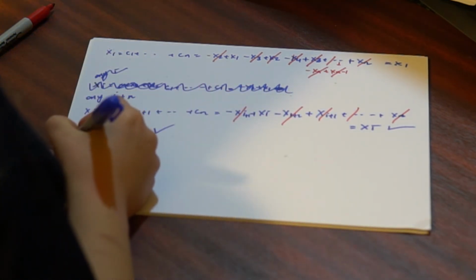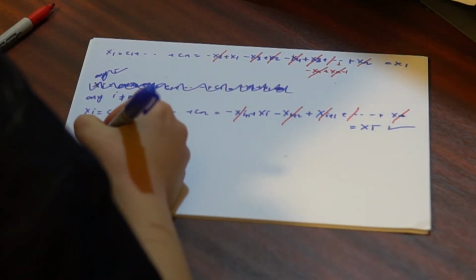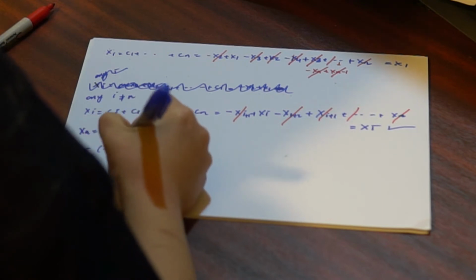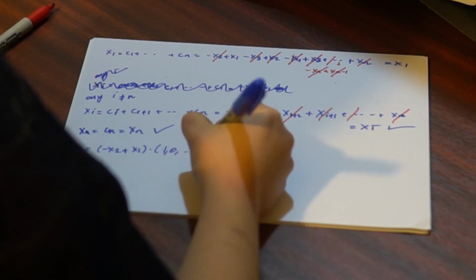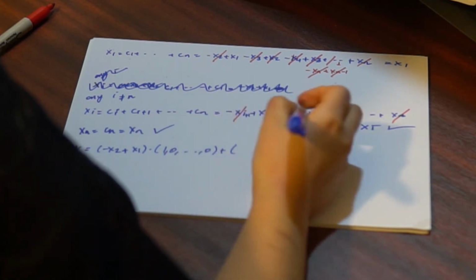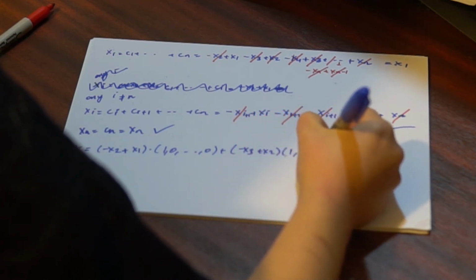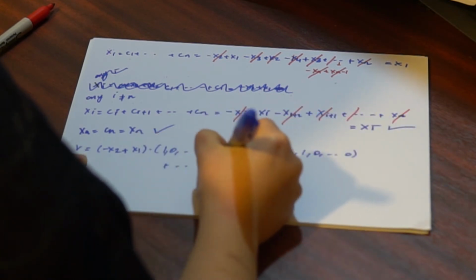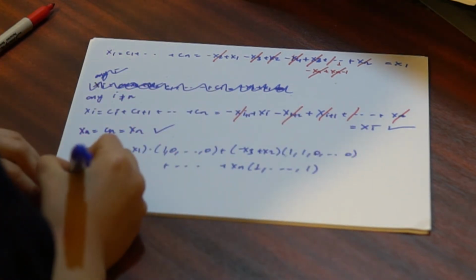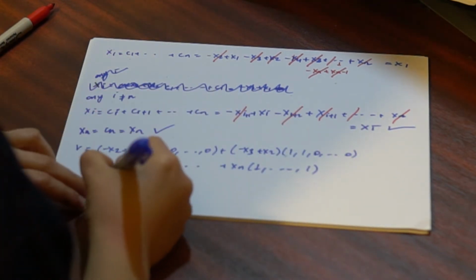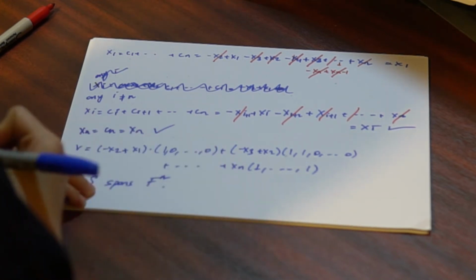So v is equal to (x1 minus x2) times (1, 0, 0, ...) plus (x2 minus x3) times (1, 1, 0, 0, ...). It goes like this, up to xn times (1, 1, 1, ...). So this implies that S spans F^n.